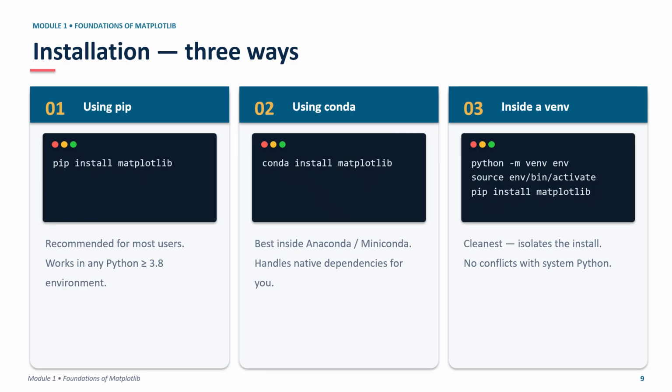If you are just learning, you can use method 1. When you start working on real-time projects, you can switch to method 3, installing Matplotlib in a virtual environment. This is a professional habit that will save you from a lot of problems.